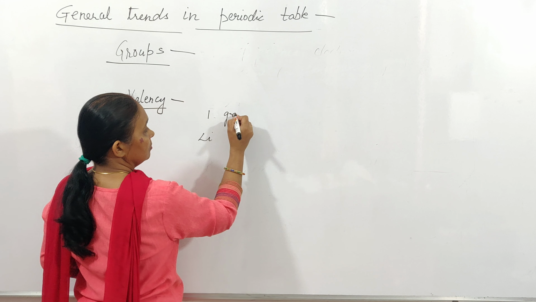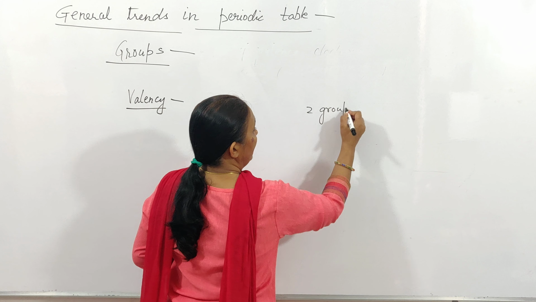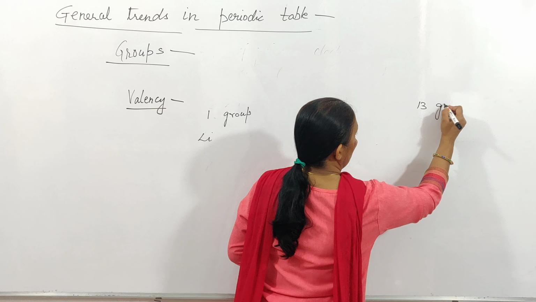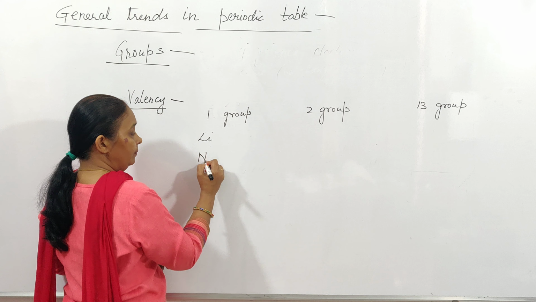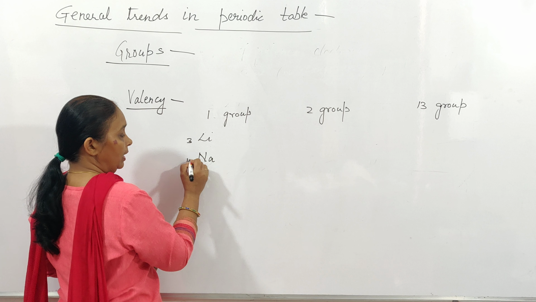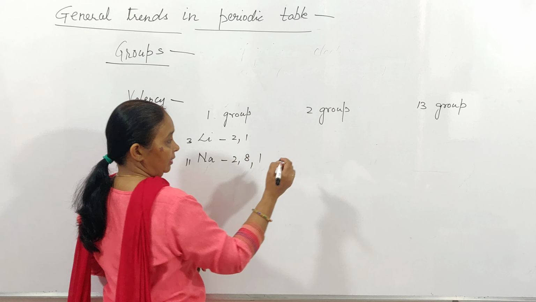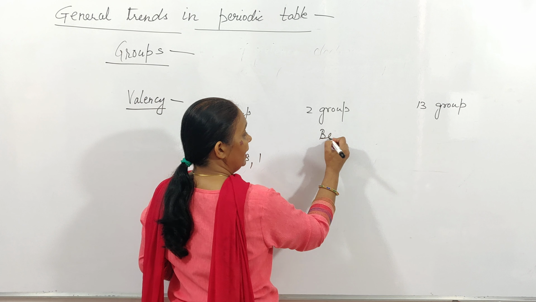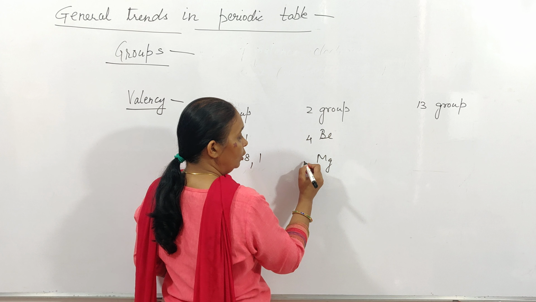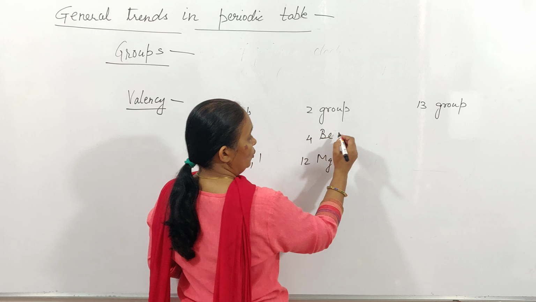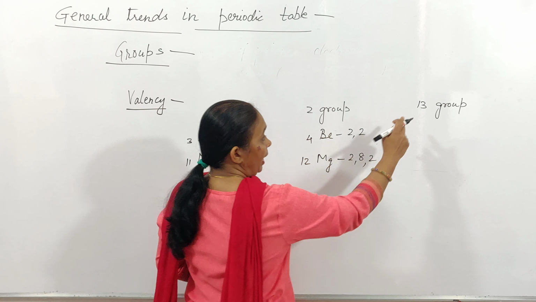First group, second group and 13th group. We are going to take them together. So first group elements are lithium and sodium, 3 and 11, 2, 1; 2, 8, 1. Second group elements, let us take beryllium and magnesium. Atomic number 4, magnesium has atomic number 12, 2, 2; 2, 8, 2.